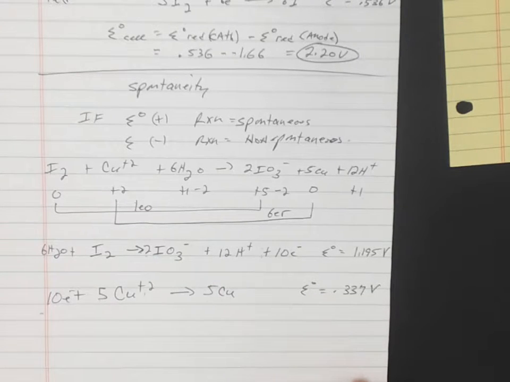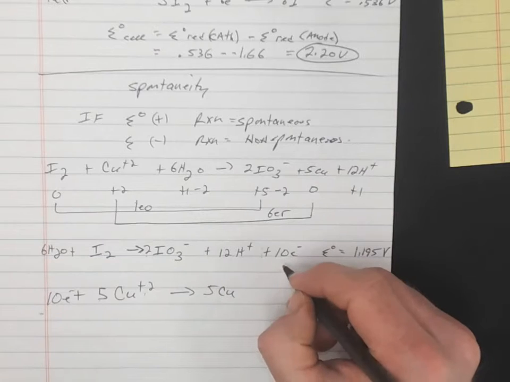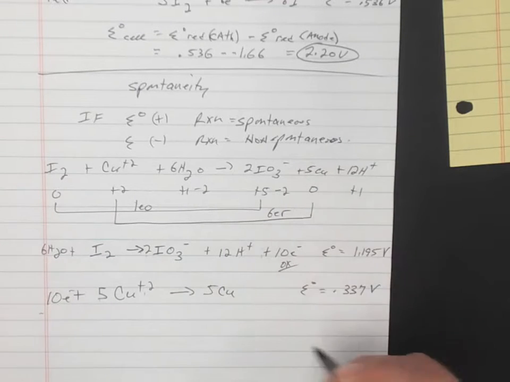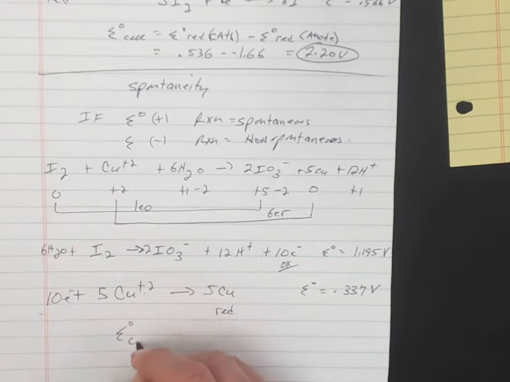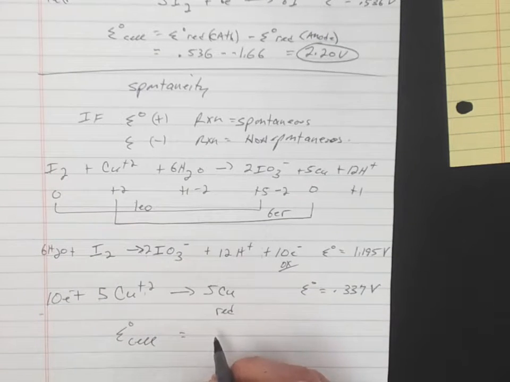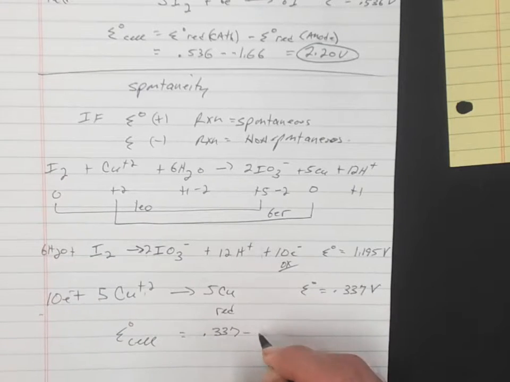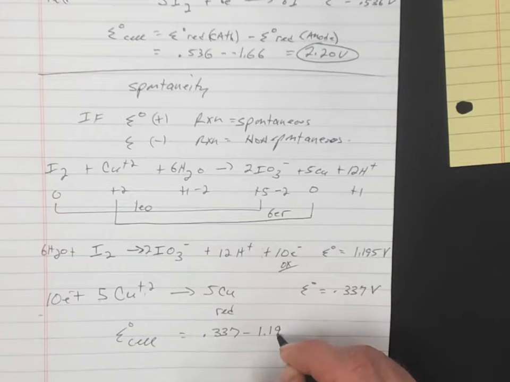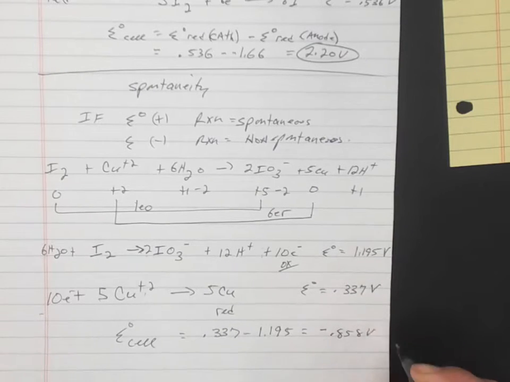So now, okay, we know that this is our oxidation. This is our reduction. So if we want to find E naught of our cell, we're going to take our cathode first, red cat, so our .337. We're going to subtract out our 1.195, and we'll get negative .858 volts.